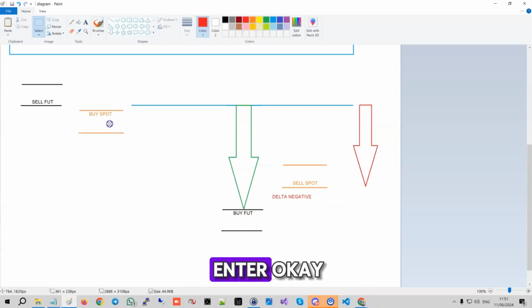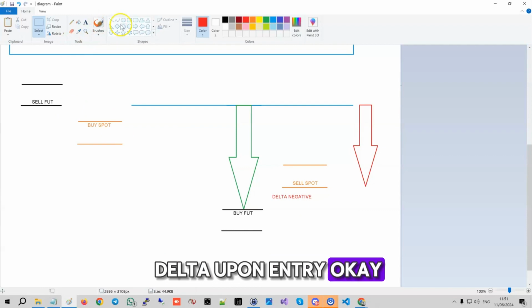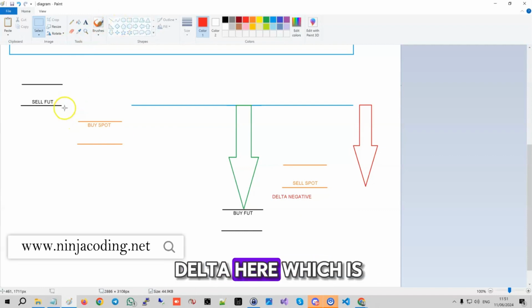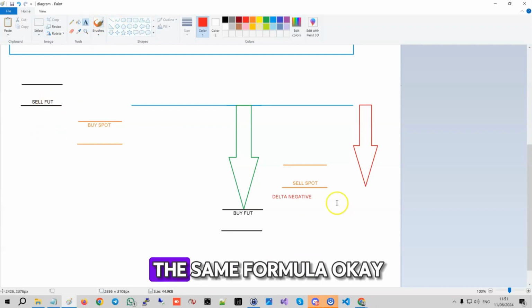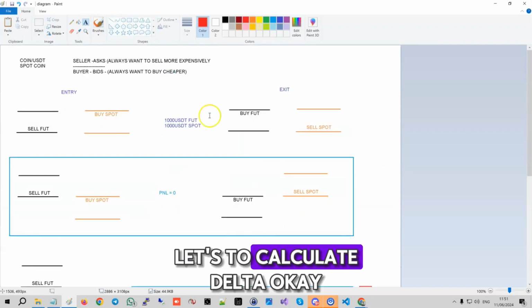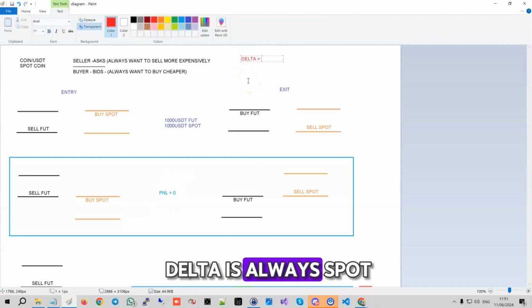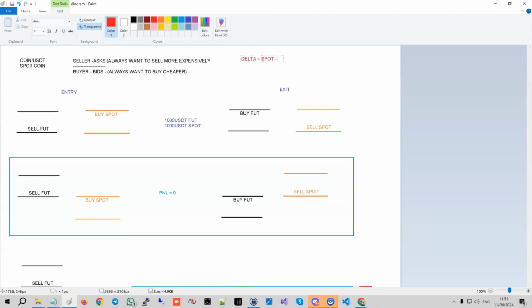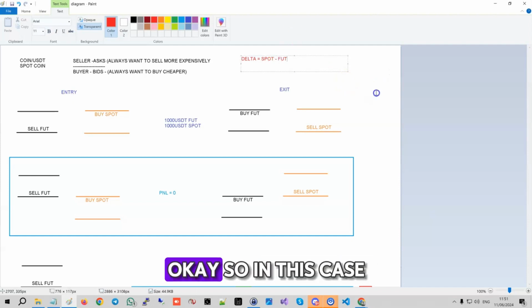But if you enter, okay, when there's also a delta upon entry, okay, so there is a delta here which is positive. So this one, well, if we use the same formula, okay, to calculate delta, let's use the formula. Delta is always spot, whatever, ask or bid or whatever, spot minus futures, okay?